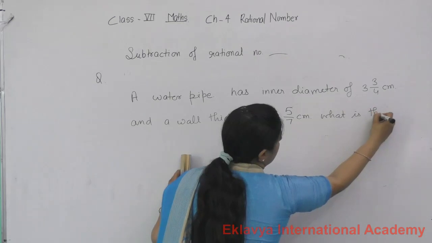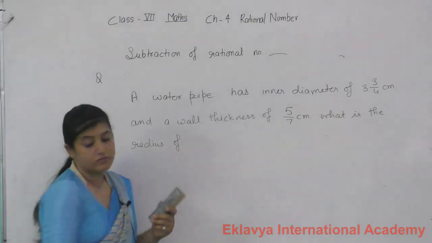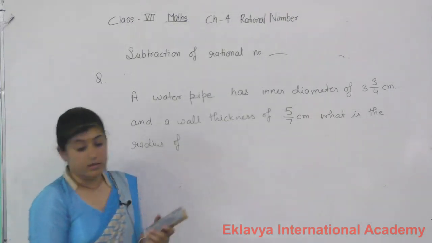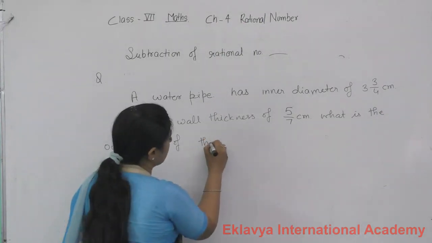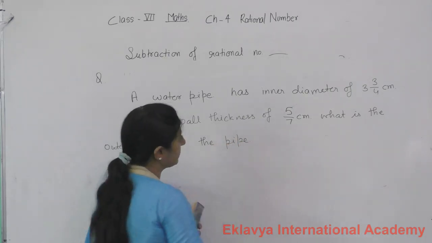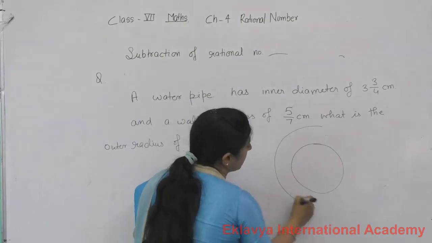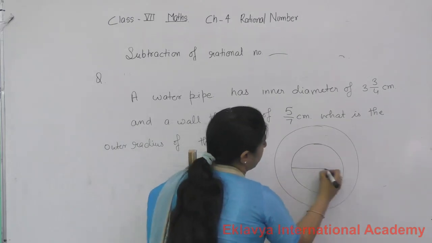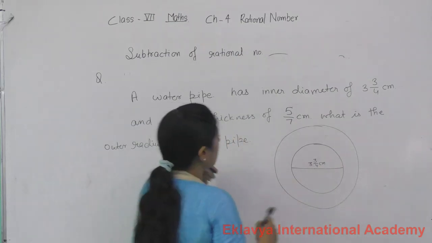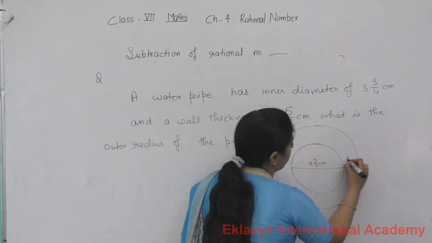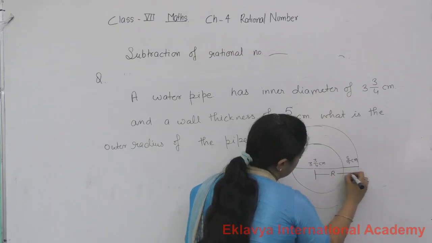What is the outer radius of the pipe? There is one figure also given. The inner diameter is given as 3 by 4 centimeter. The wall thickness is given as 5 by 7 centimeter. It is asking what is the outer radius.